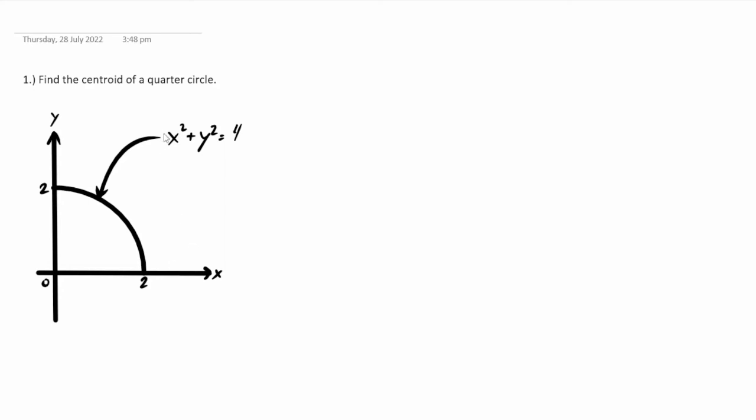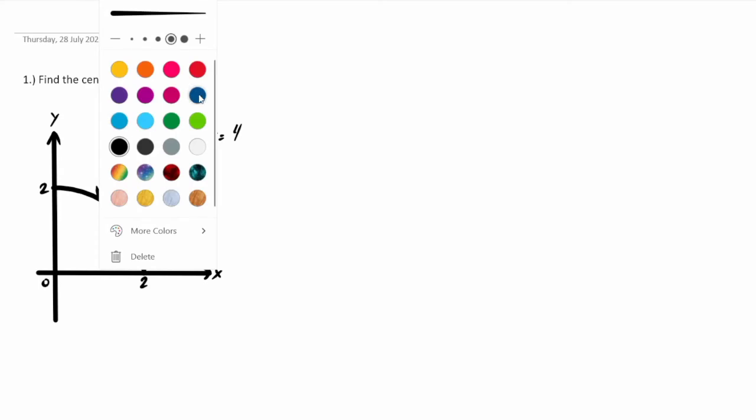As you can see, the circle is x squared plus y squared equals 4. If you can understand this, x squared plus y squared, from the formula, this is 0 and 0, so it starts from the origin.